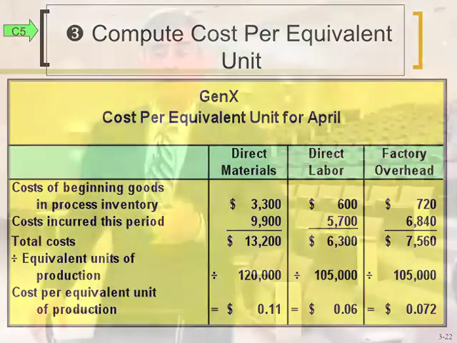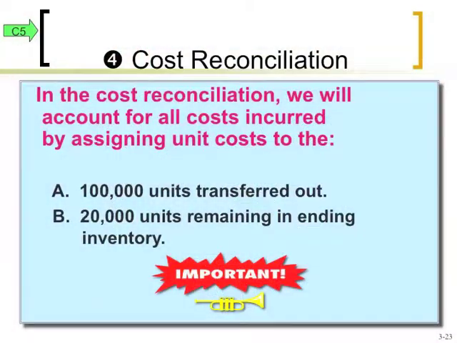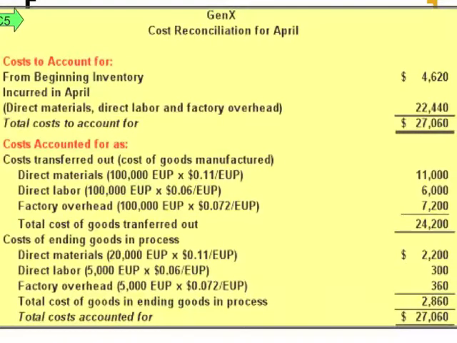If we then move to the following slide, notice here what we're going to be doing is we're going to be reconciling the costs for 100,000 units that were transferred out and the 20,000 units remaining in the ending inventory. And if we just move to slide 24, we will see how this gets done. And you can spend the time going through that slide and making sure you understand it.